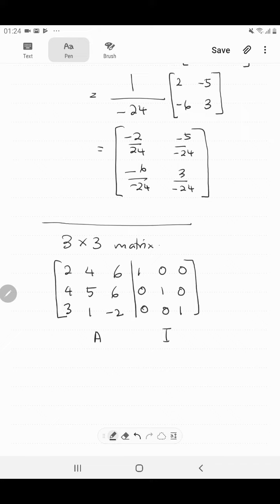Then you can do the row operations necessary, column by column, choosing whatever operations are needed, and so on.